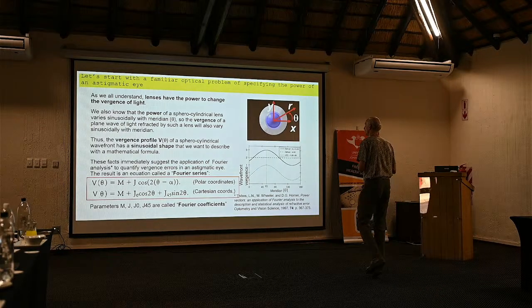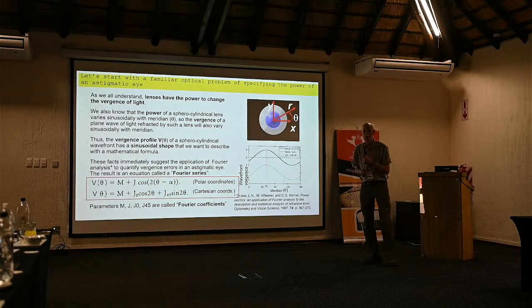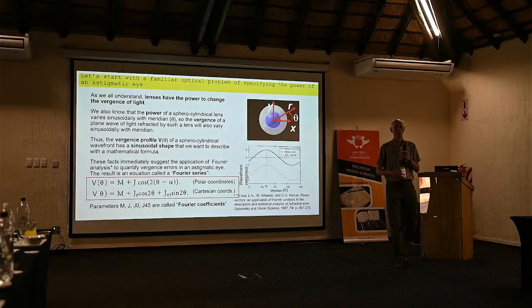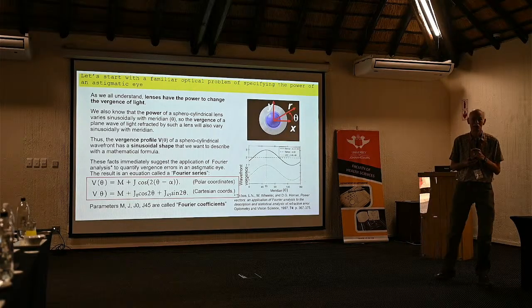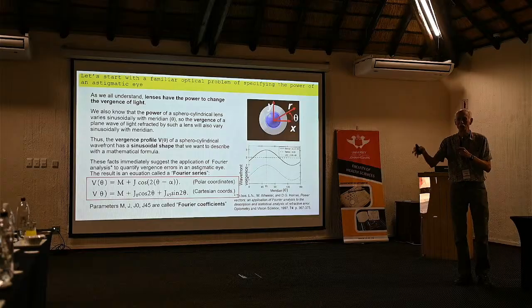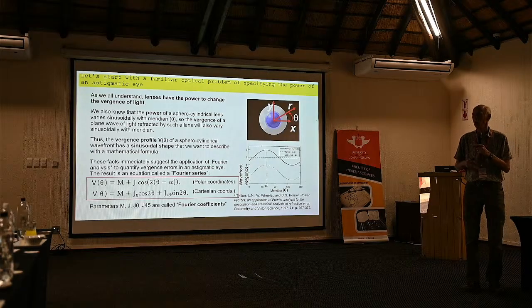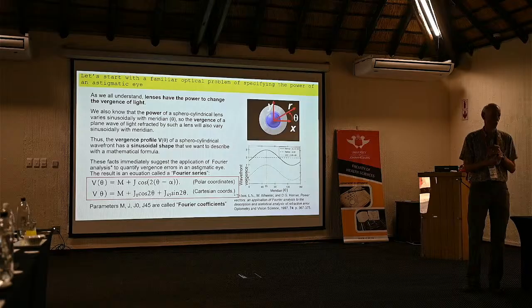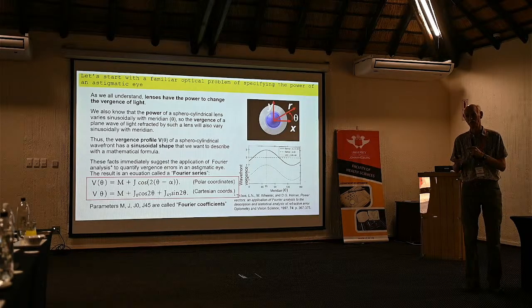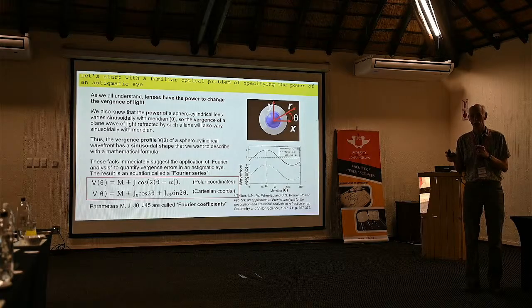Power versus vergence. One of the recurring lessons I gave to all my students in the past, I've been retired for like 12 or 13 years, so it's been a while, was that lenses have power, and they have the power to change the vergence of light. Power and vergence are kind of similar things, but they're not the same.